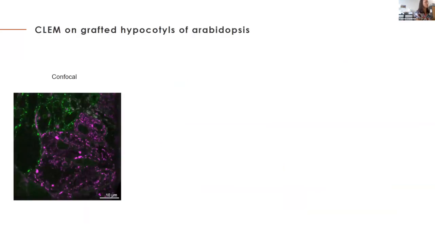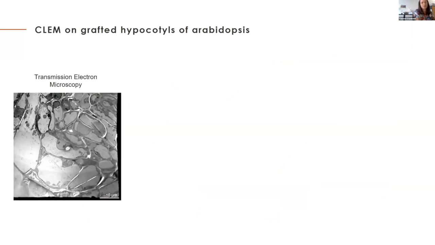So now I can show you some results on the graft of grafted hypocotyl of Arabidopsis. You can see with confocal that we preserved the fluorescence. We had good ultrastructure, and we were able to combine the two to have the correlative view and find back the region of interest, our graft interface.